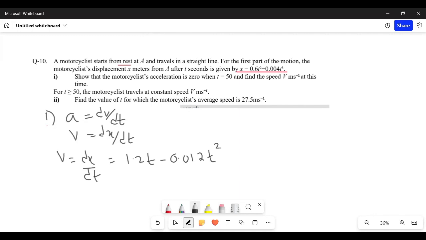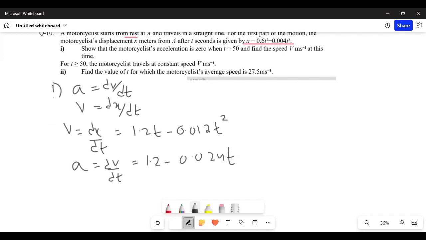Now let's find the expression for acceleration, which is going to be dv upon dt. That becomes 1.2 minus 0.024 t. Show that the acceleration is 0 when time is equal to 50. So set acceleration to 0 and show that you get t equals 50.